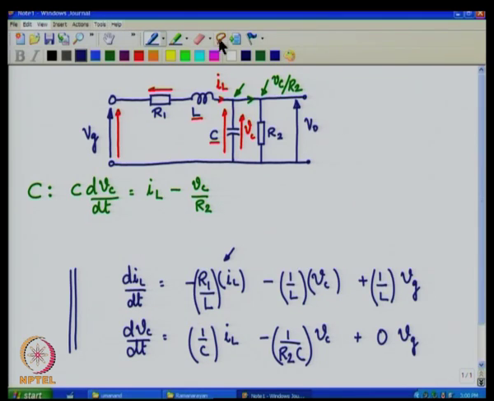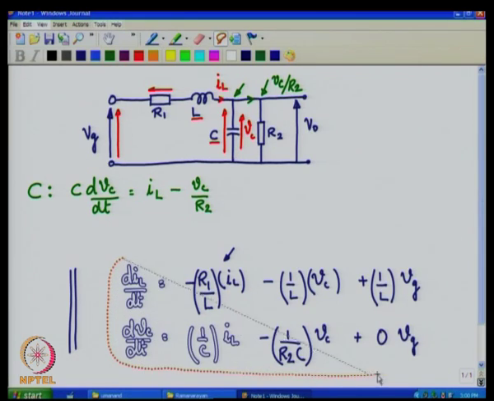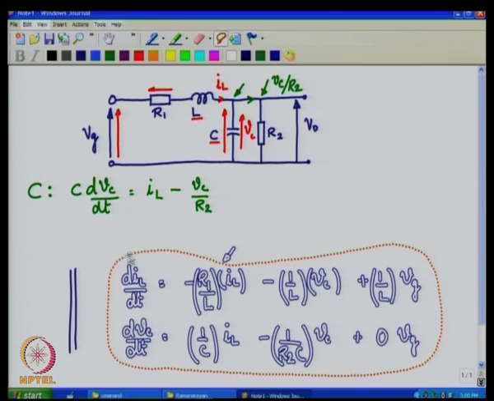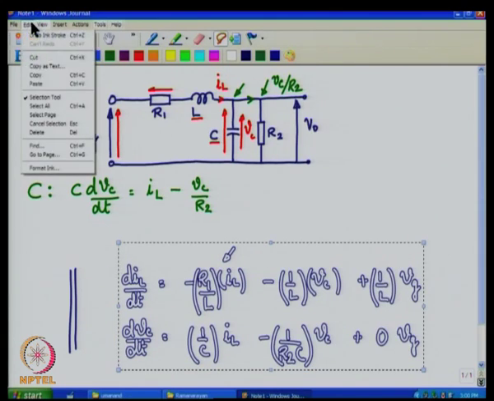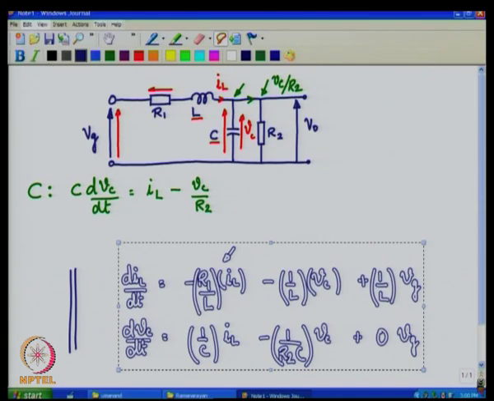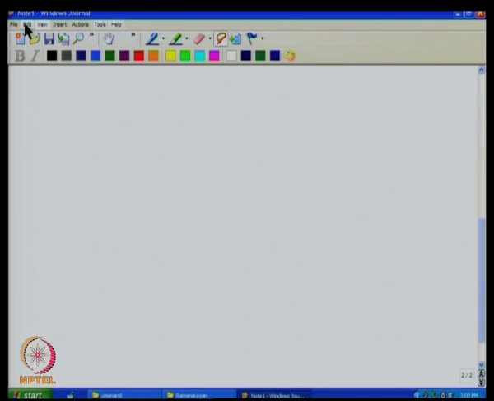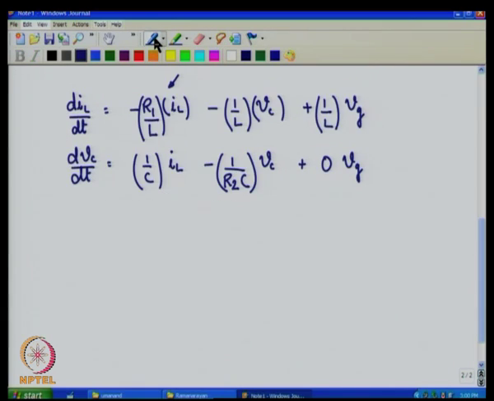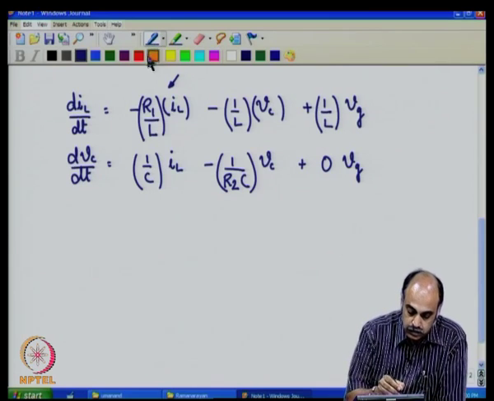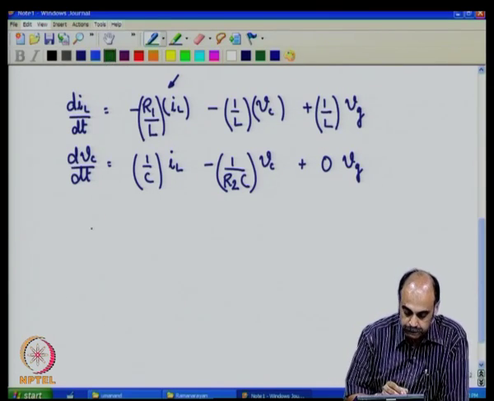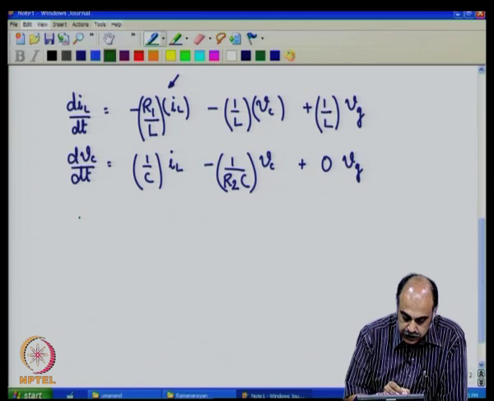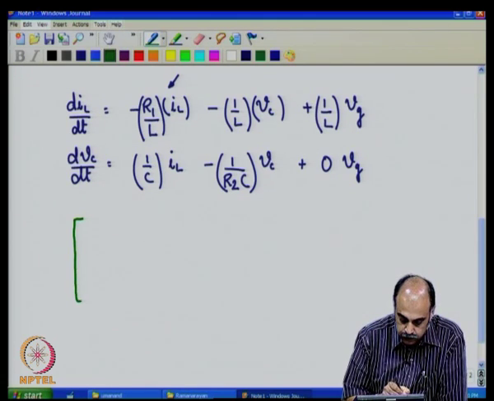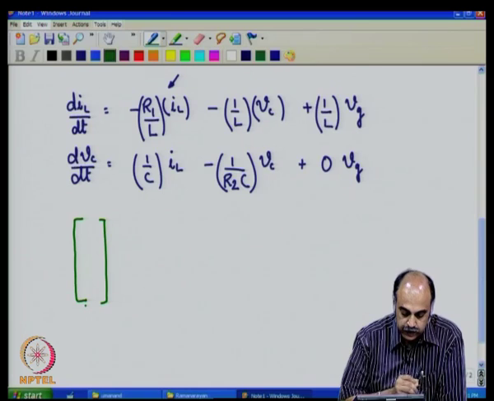So, let us do the rearrangement by copying this equation set into a fresh page. Now, this equation set, we will arrange it in the form of a matrix.